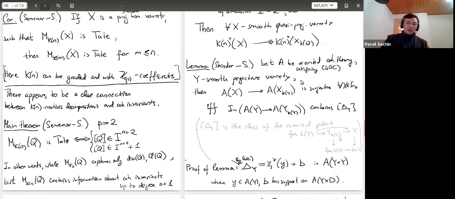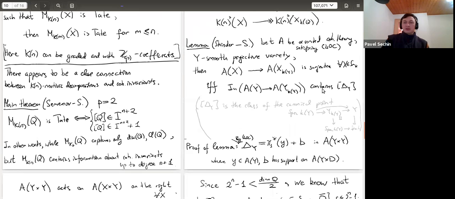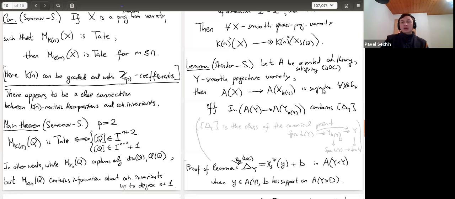And maybe let me very briefly say what the idea of the proof is. In one direction it's obvious that if this is surjective, then this has to be surjective as well.